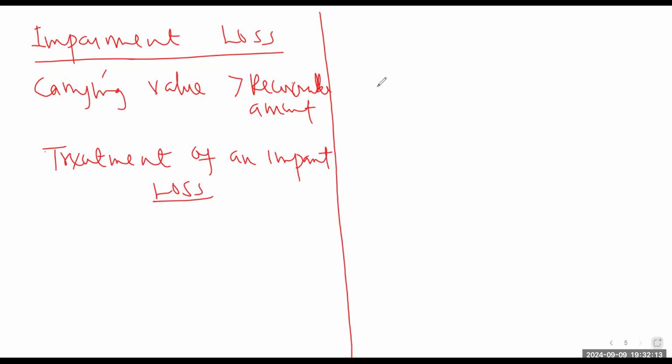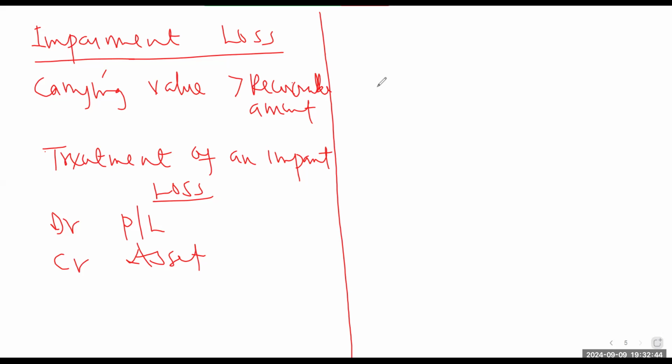If there's an impairment loss, we debit profit or loss with the loss and reduce the value of the asset. The impairment loss is recognized as an expense, and the asset is written down to the recoverable amount.